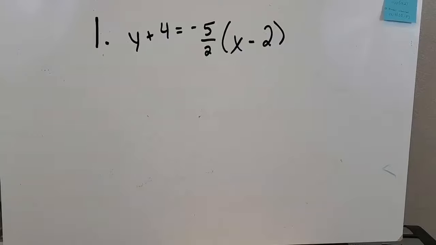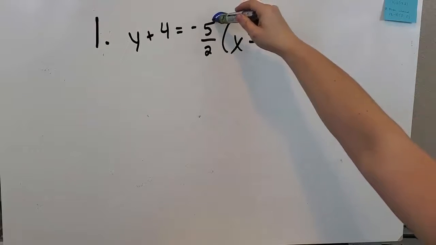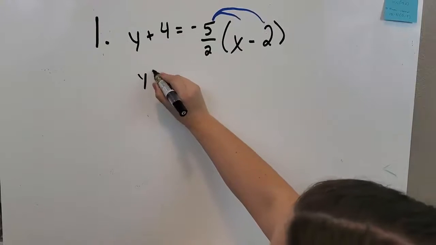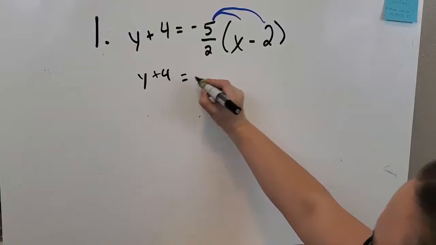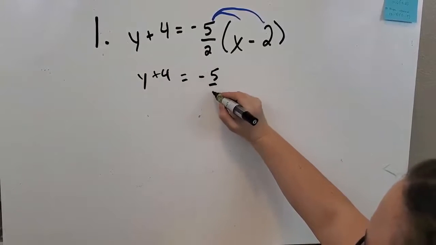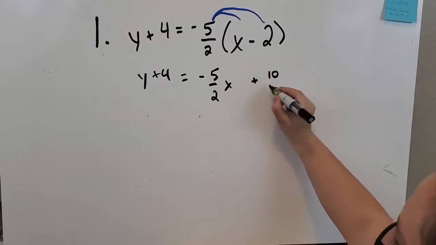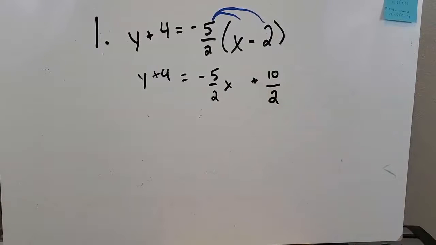So what we're going to do is solve this equation for y. The first thing I'm going to do is on the right side, distribute the term to everything inside the parentheses and then rewrite it below. When we distribute and we write that, we get y plus 4 equals negative 5/2 x plus 10 halves.